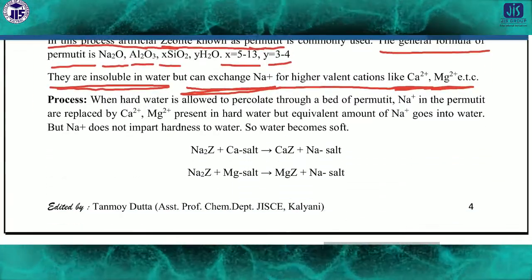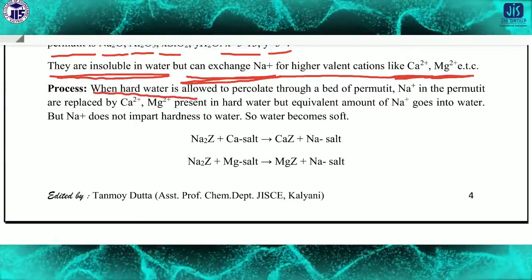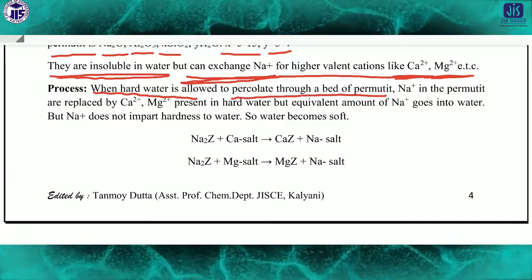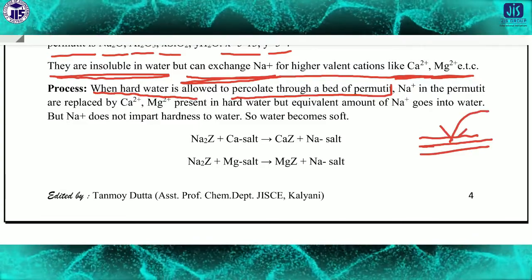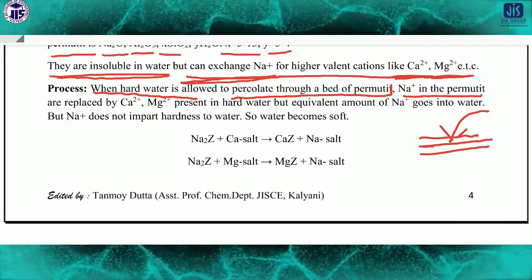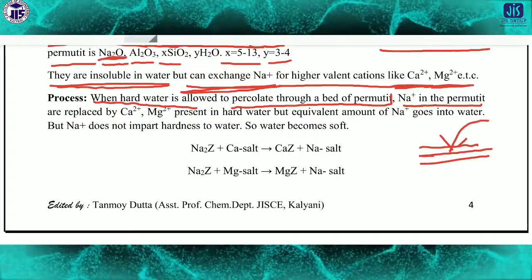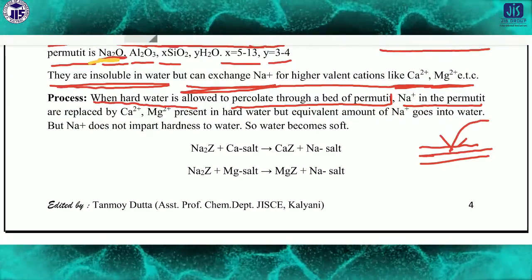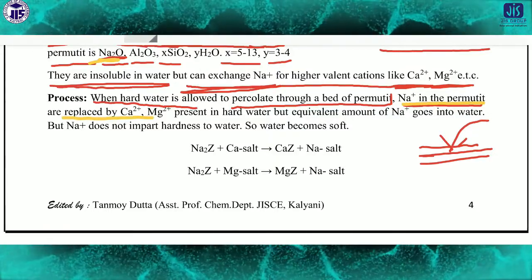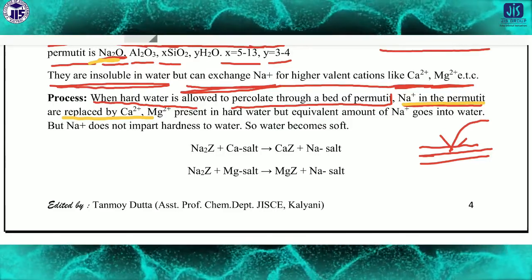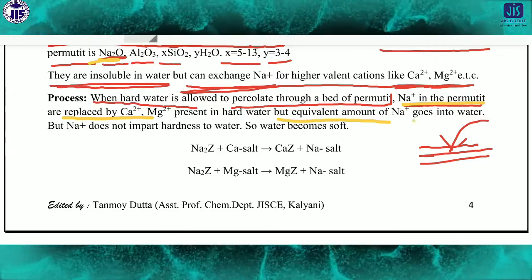In this process, when hard water is allowed to percolate through a bed of permutit, that means there will be a bed of permutit through which we pass the water, the Na+ in the permutit, which is already available in the formula, is replaced by Ca2+ and Mg2+ present in the hard water. But an equivalent amount of Na+ goes into the water.